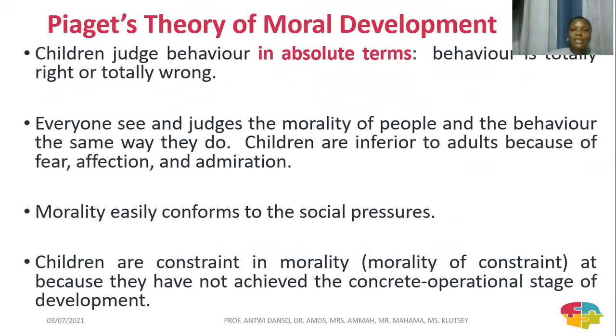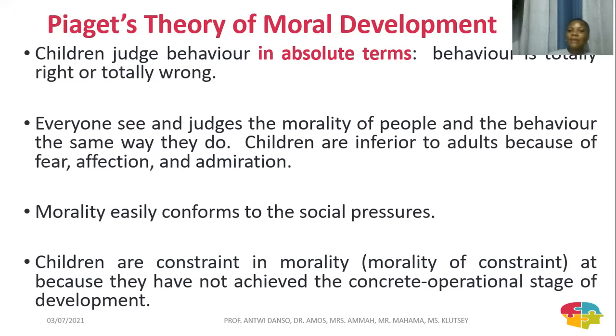So actually, children judge behavior in absolute terms. A particular behavior is either totally wrong or totally right. You can't have any middle point. So everyone sees and judges the morality of people and behavior in the same way they do.